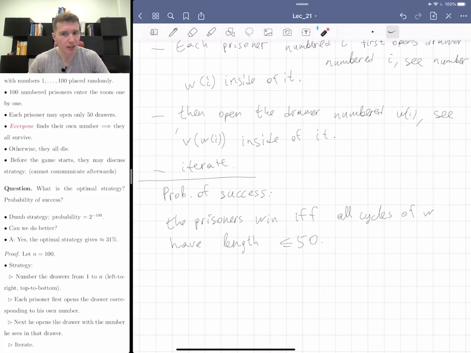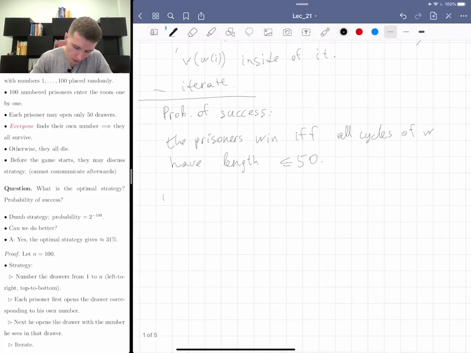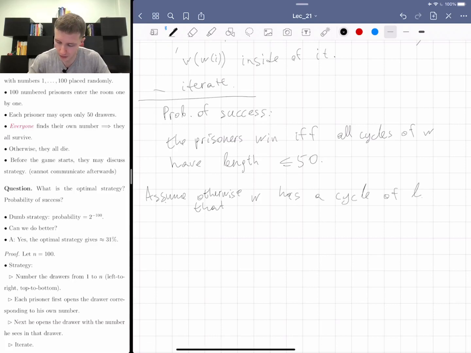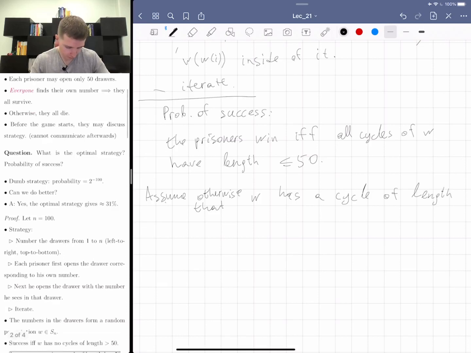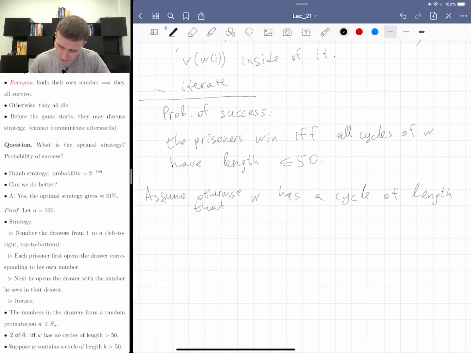So what happens if they all lose? Otherwise, let me assume that W has a large cycle of length, maybe of length K, which is bigger than 50.